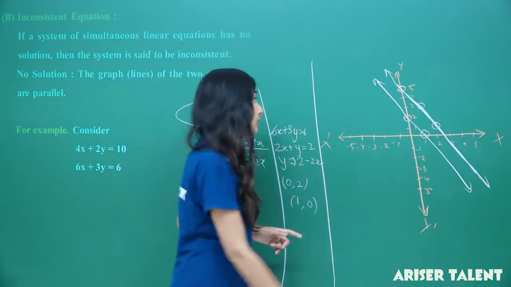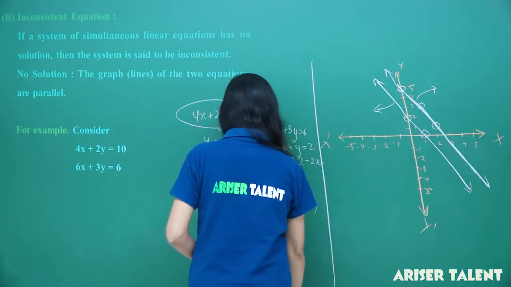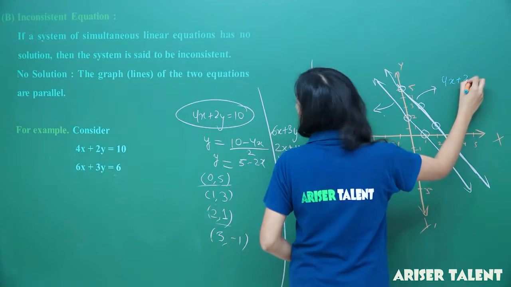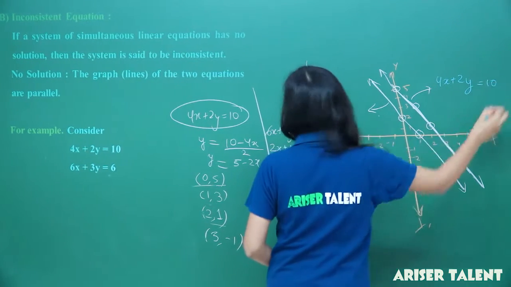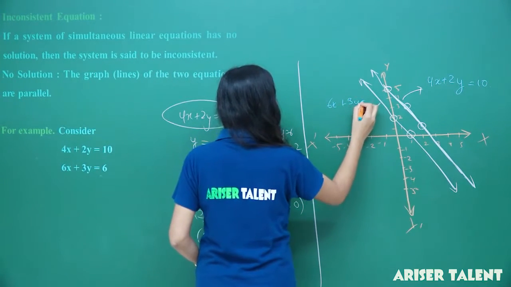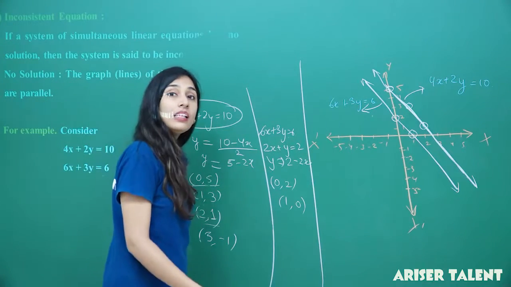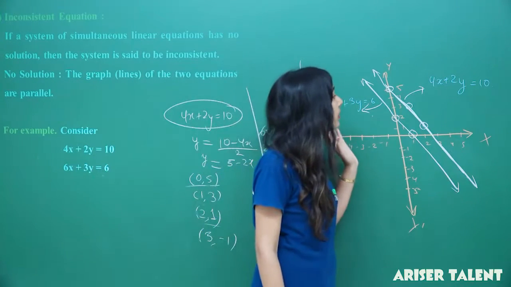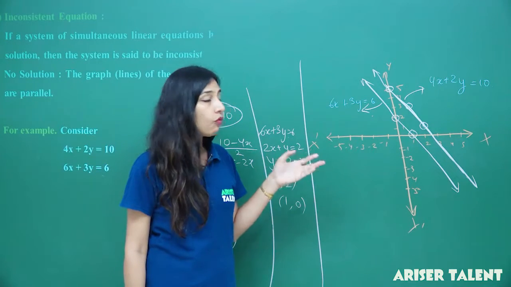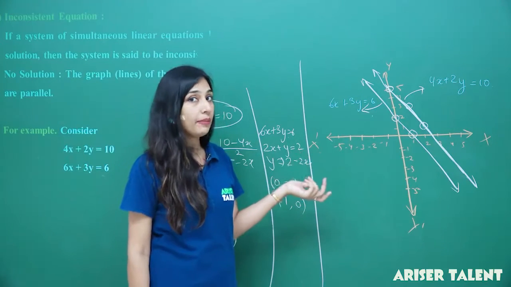This line is the line 4x plus 2y equals 10, right, and this is 6x plus 3y equals 6. Now these two lines are parallel, so these lines are never going to meet. If they are not going to meet, that means they are parallel.